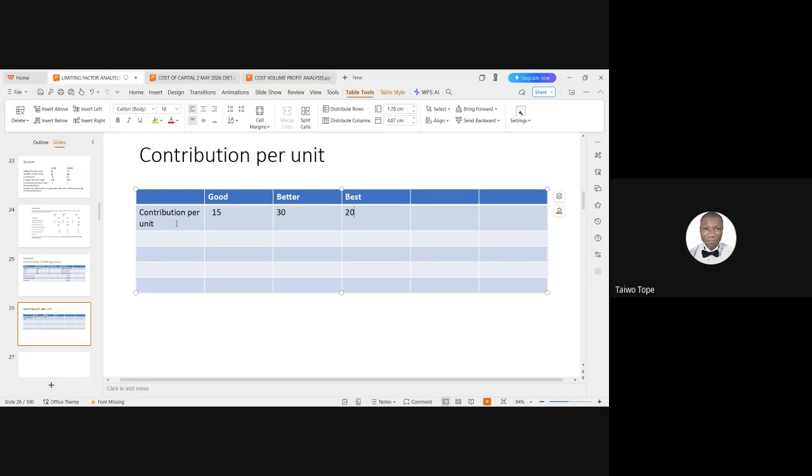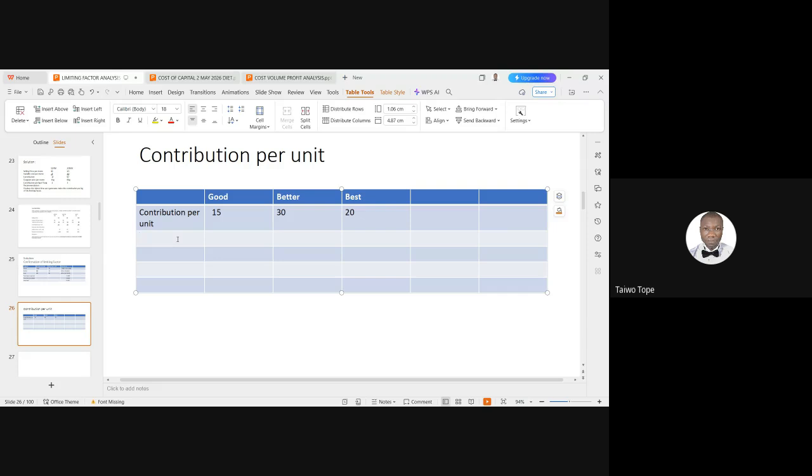What is the next step? Contribution per limiting factor. How are we going to derive that? Contribution per unit divided by the unit of limiting factor.